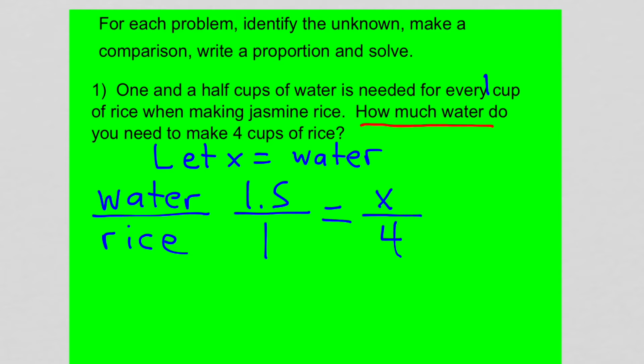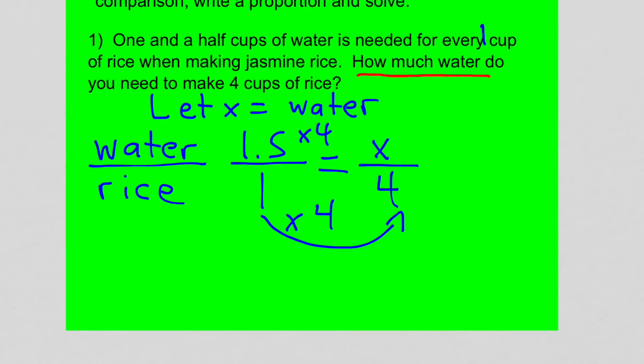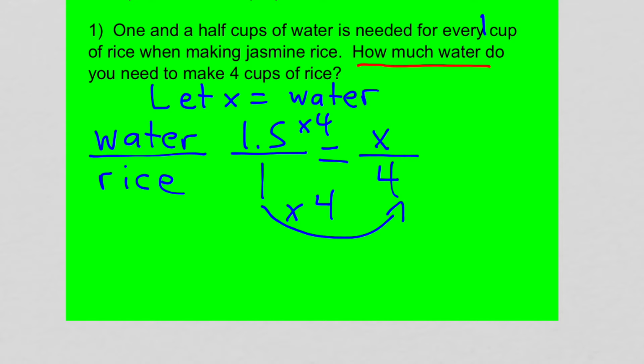We ask ourselves, to go from 1 to 4, are we getting larger or smaller? Well, we're getting larger, so we're going to multiply, and we're going to multiply by 4. Since the ratios are equivalent, we'll do the same thing to the top. And 1.5 times 4 is 6. So x is going to be equal to 6, and we should label what that is. That is 6 cups of water.